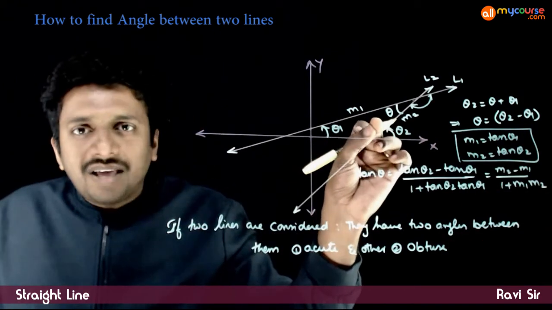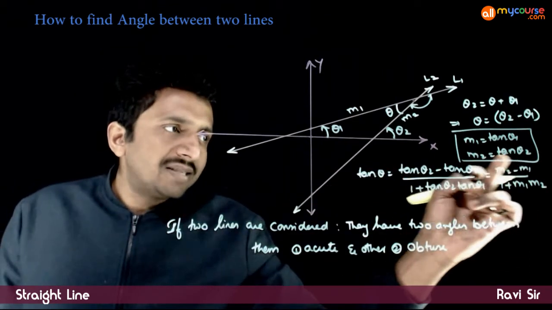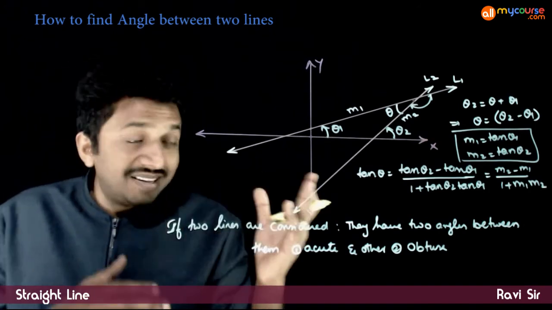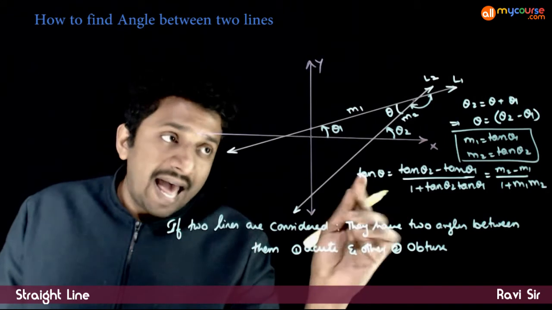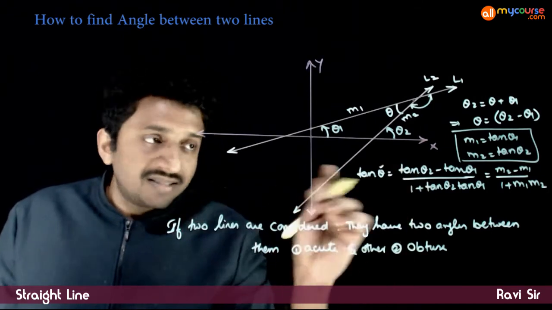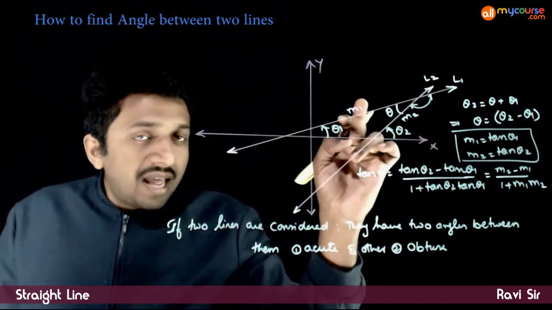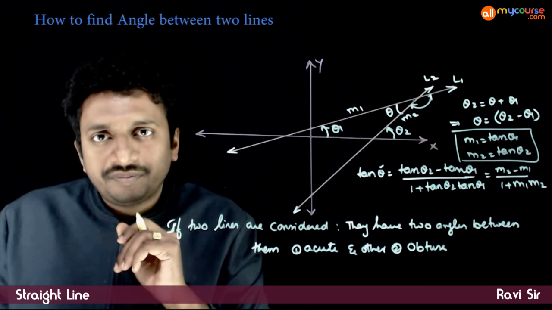So tan of the angle between two straight lines is nothing but m2 minus m1 by 1 plus m1 m2. That is the formula that you have.